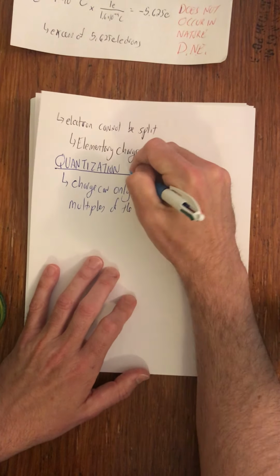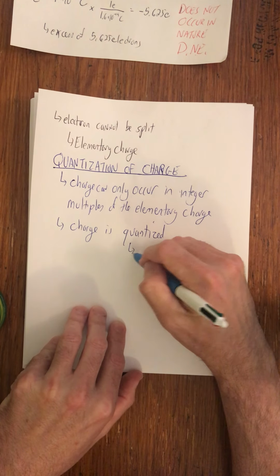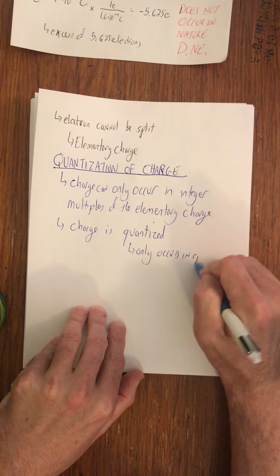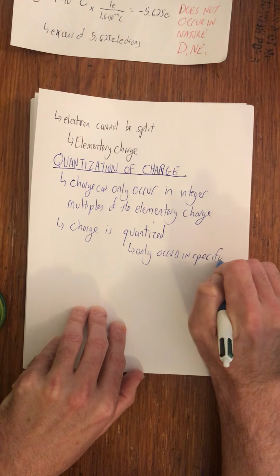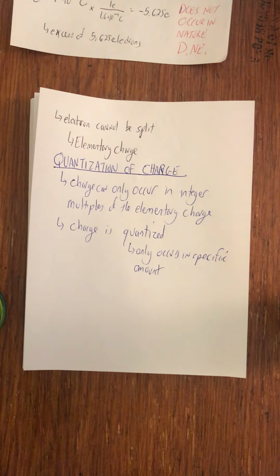Another way to phrase that, quantization of charge, you can say the sentence, charge is quantized. Quantized is a word that means only occurs in specific amounts. Let me give you another example of something that's quantized.